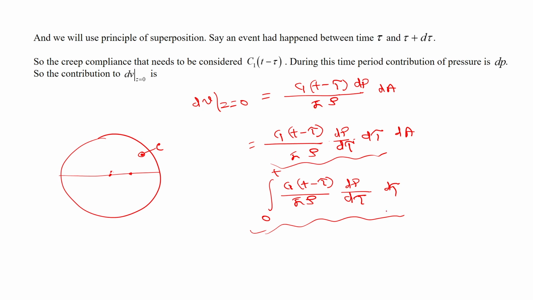So, this particular quantity is called C. This quantity, integral from 0 to t of C1 into t minus tau, and dp by d tau and d tau, with a minus sign since at time t equal to 0 the load started being applied, is called a convolution.